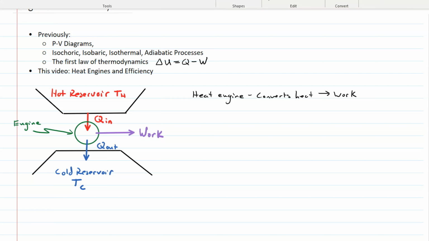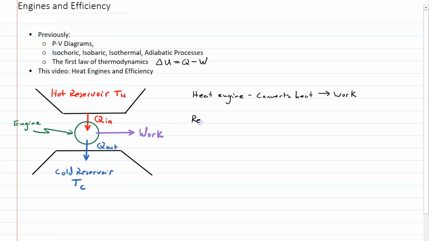So here's my schematic diagram. Q in is the input. Work is the output, and then also there's some waste heat, Q out, which also is output. The engine takes the heat input from something called a hot reservoir. So let me make sure you understand what this means.